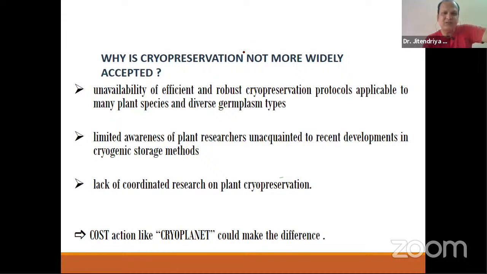But why is this cryopreservation not more widely accepted? Because it is not available with so much desire. In some cases, what would happen during the grinding process, when you try to crush the tissue, at that time also liquid nitrogen is required.